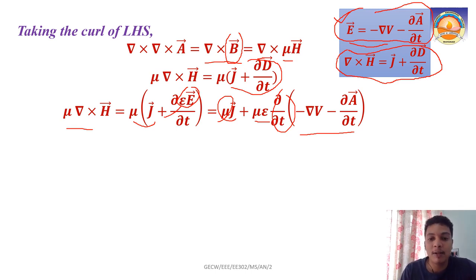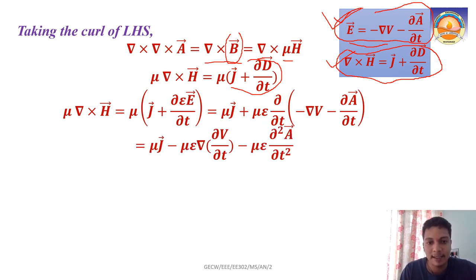Apart from that, we are also using two equations: one we derived just now, and the other is the Maxwell's equation del cross H equals J plus dou D by dou t. So this way, if we take mu epsilon inside, the first part is mu J as it is.